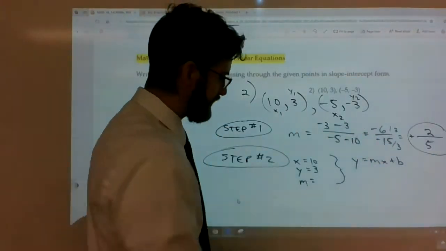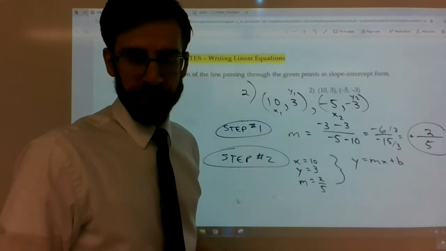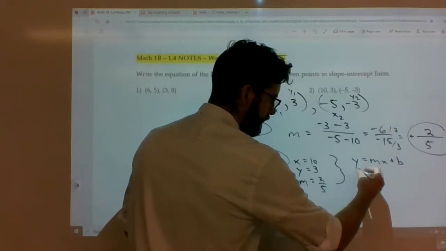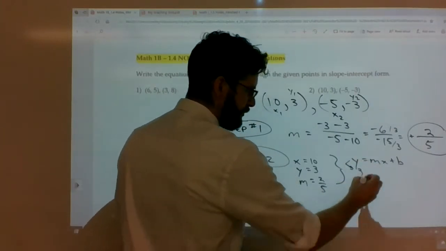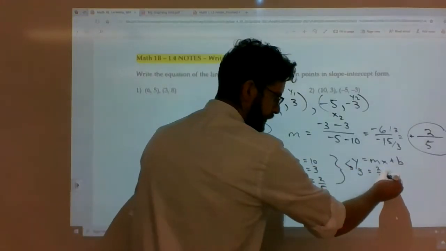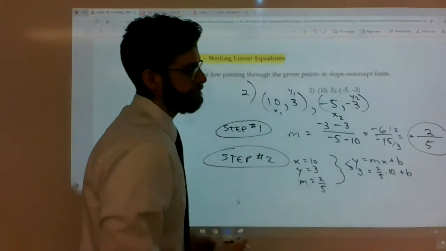M we found was 2/5. At which point we just plug in for y equals mx plus b. So the y is 3, the m is 2/5, the x, multiplication, times 10, and then plus b.